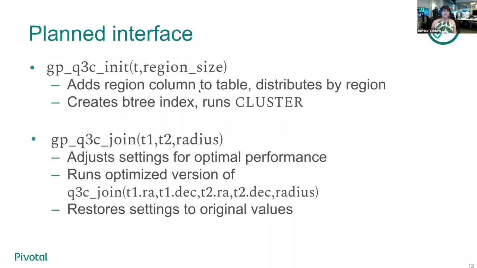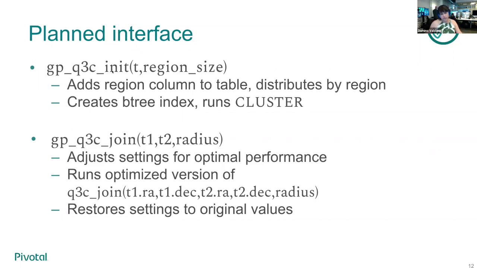After we got all of this to work, we realized it's a very hairy looking query that a user would never want to enter. So the first thing I'm going to reassure them of before I show the details is that you're not going to have to type anything except this. Currently we've just got SQL files lying around where we run all the commands, but ideally we would put it into an initialization function and then an actual join function that replaces Q3C join, like GP_Q3C_join.